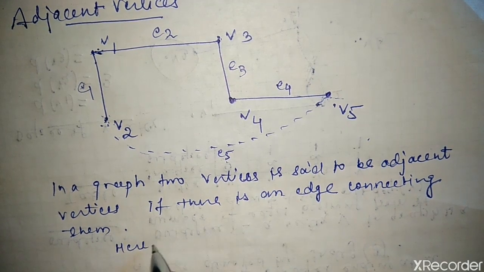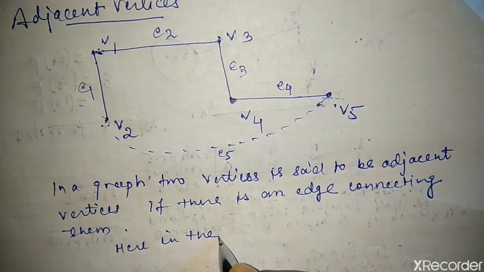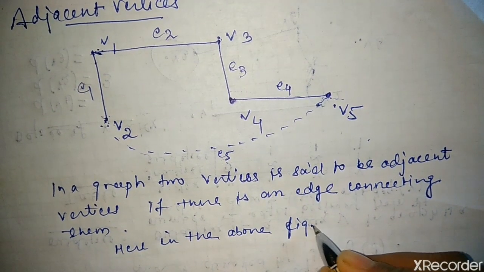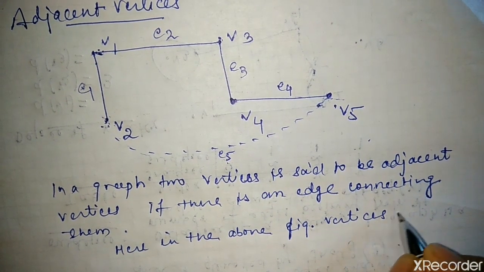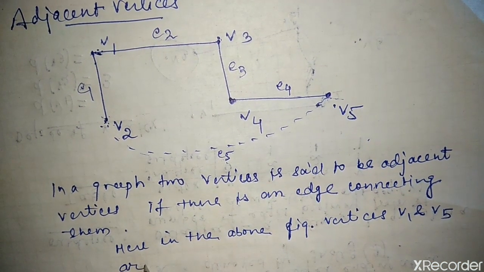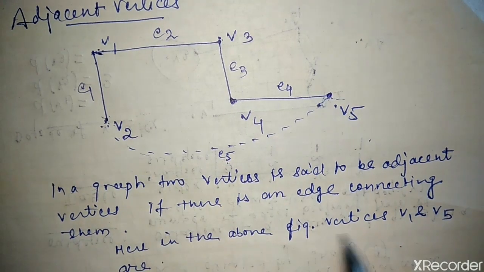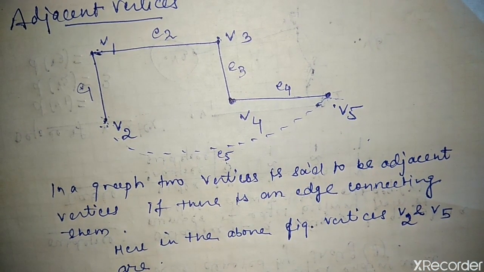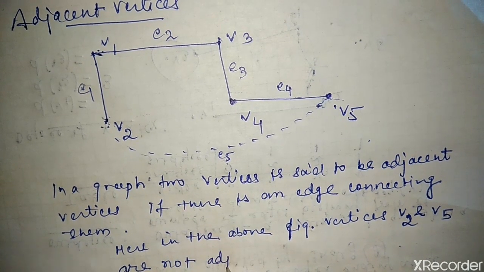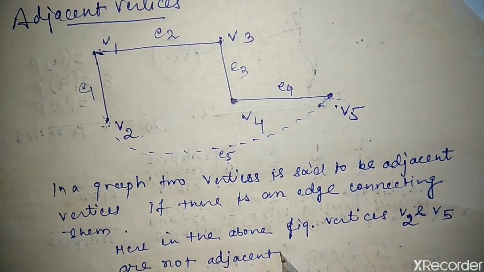Here in our figure, the vertices V2 and V5 are not adjacent.